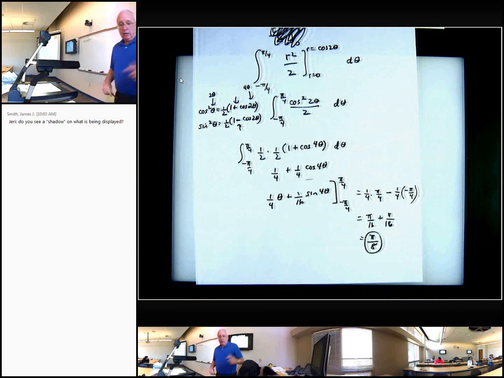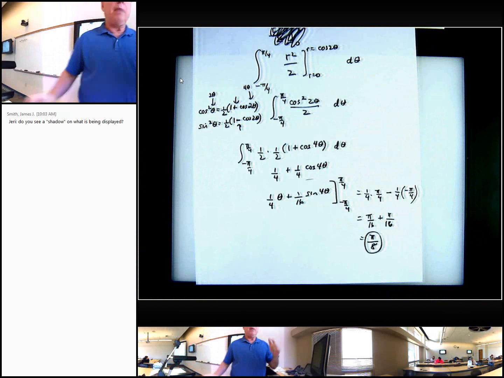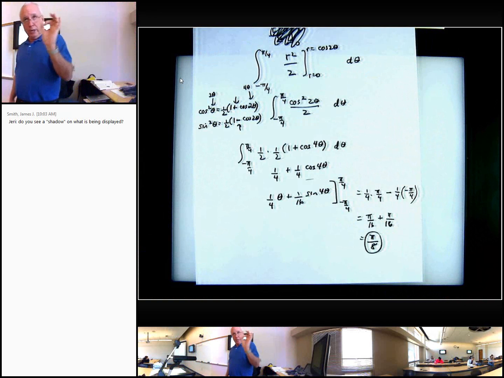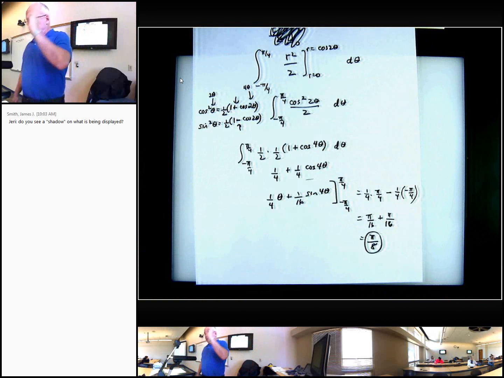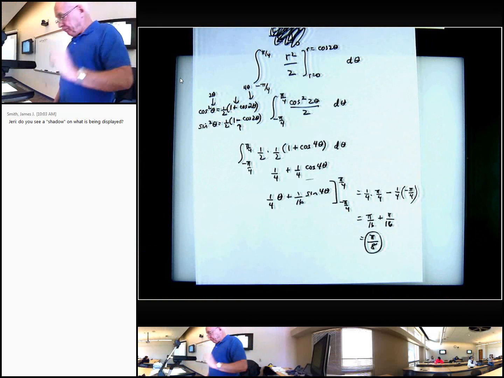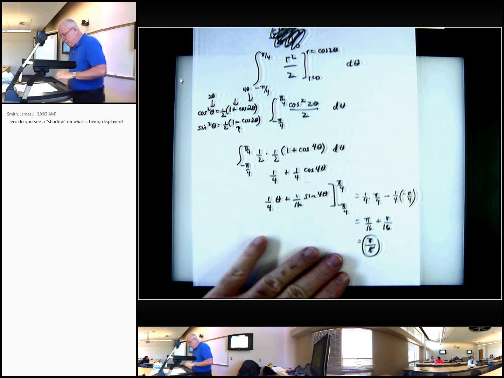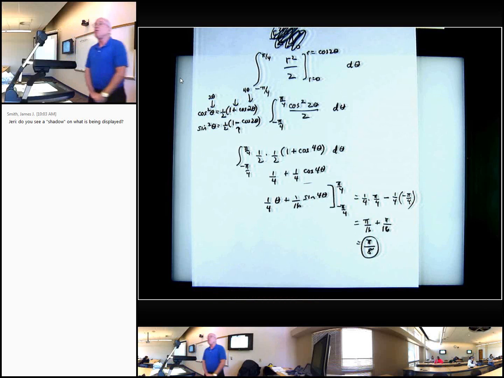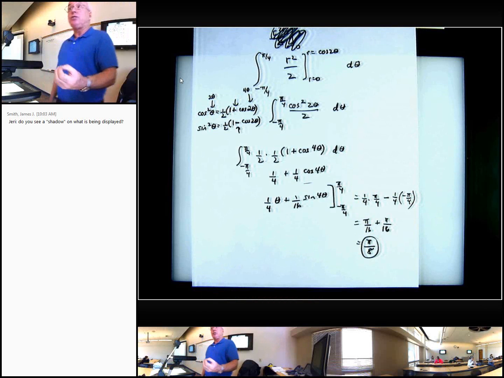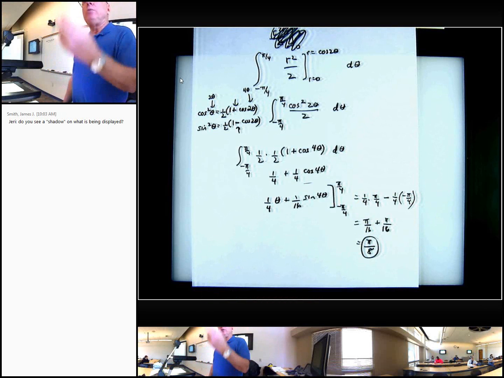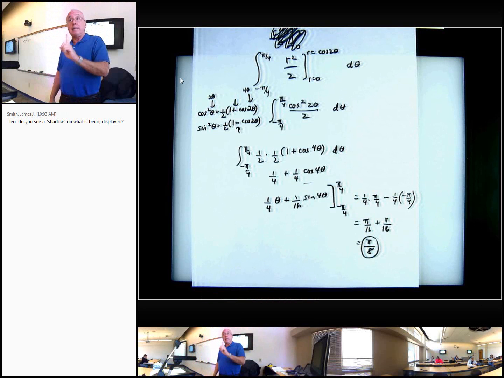Now, Jenna, doing it your way, which is probably the better way to do it, if you were integrating just from 0 to pi over 4, you would have gotten pi over 16 as your answer, all right? And then you would need to remember to multiply that by 2 to get your final answer.